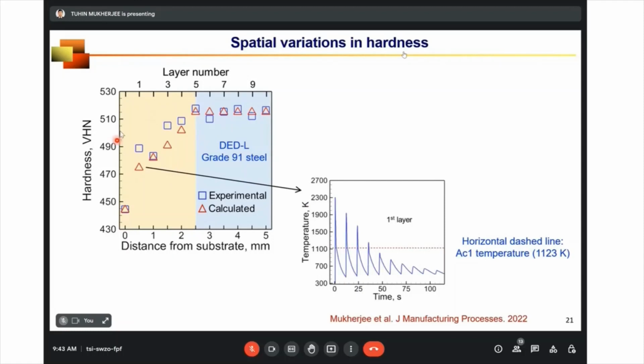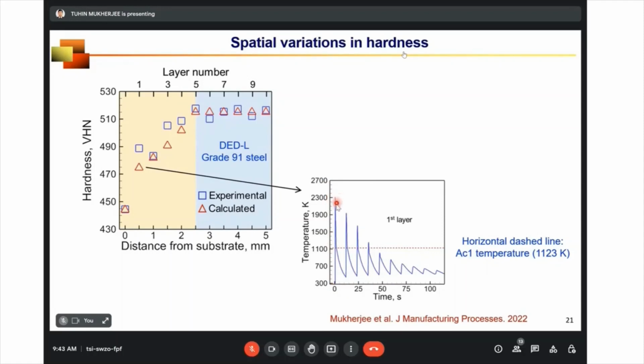For this yellow region where the hardness is gradually changing with distance, let's look at the thermal cycle. I have indicated the AC1 temperature. Above the AC1 temperature, it forms austenite. So let's consider the first layer. The temperature is increasing. It is above the solidus temperature and liquidus temperature.